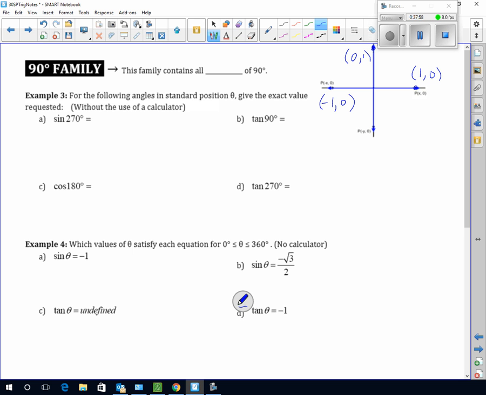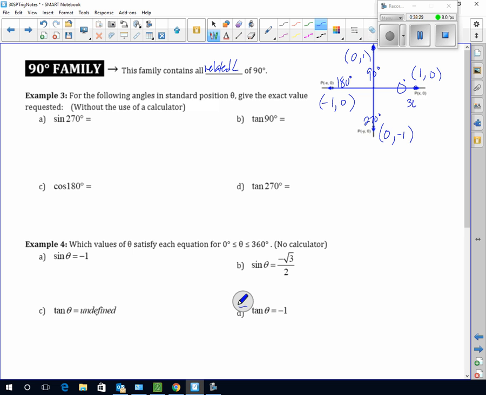Remembering that cos is x, sine is y. So this family contains all related angles of 90. So that would be 0 degrees, 90 degrees, 180 degrees, and 270 degrees, and also 360 degrees. I went back all the way around.